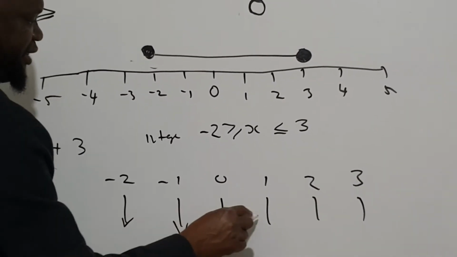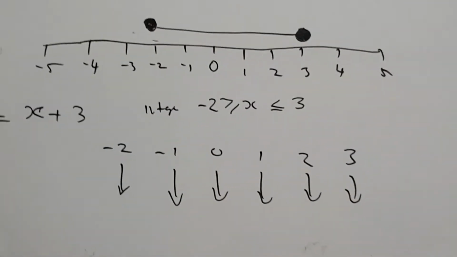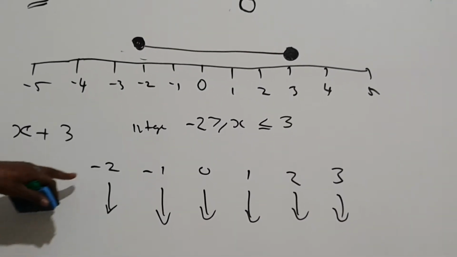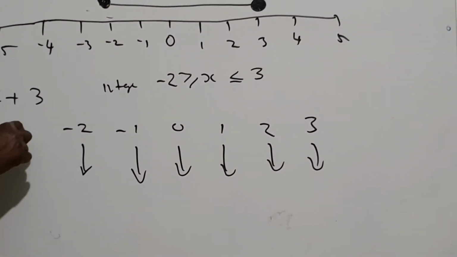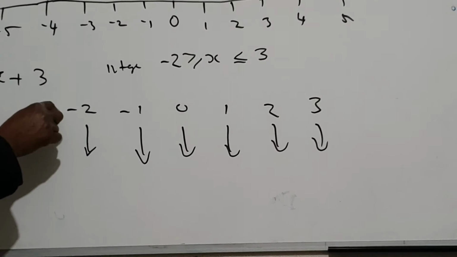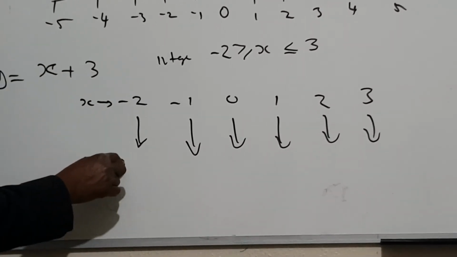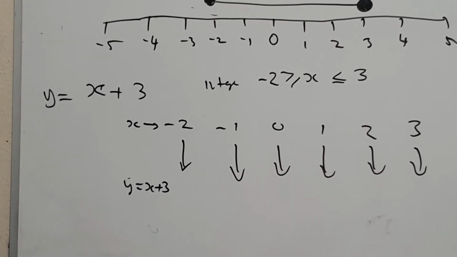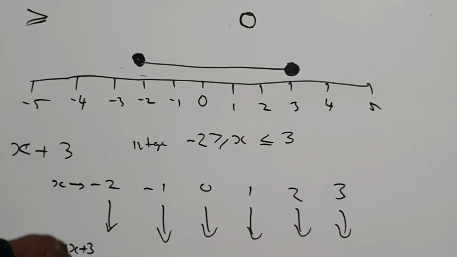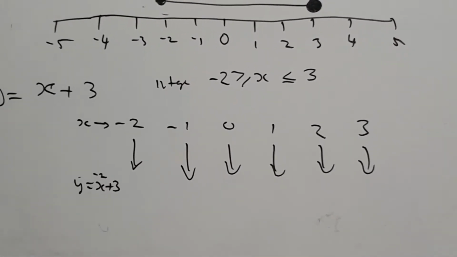Some people do it in a table form. This is values of x, and this is y is equal to x plus 3. When x is minus 2, what is y? We put our minus 2 for the value of x. That's called substitute, yes?